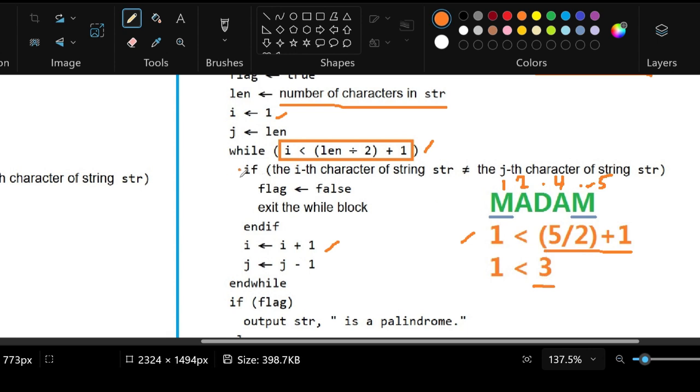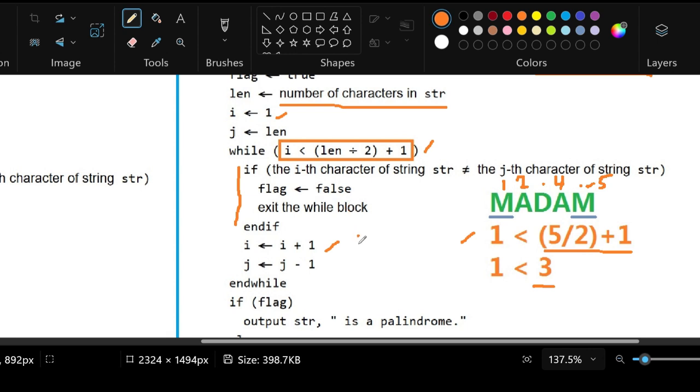Therefore, we go into the inner portion of the while loop. And it's going to ask us if the current i, A, is the same as the current j, which is also A, so they're equal, and therefore we don't say that it's not a palindrome. It's actually, so far, still a palindrome.